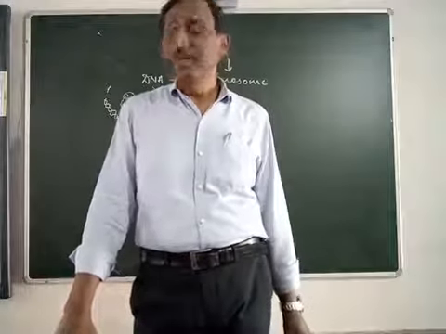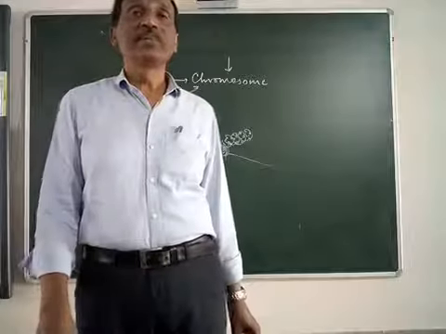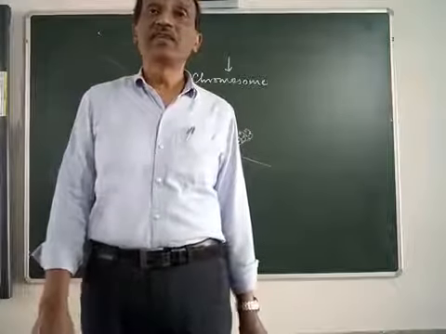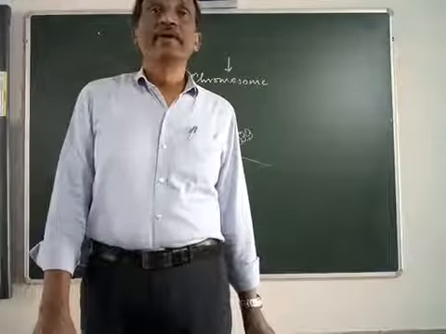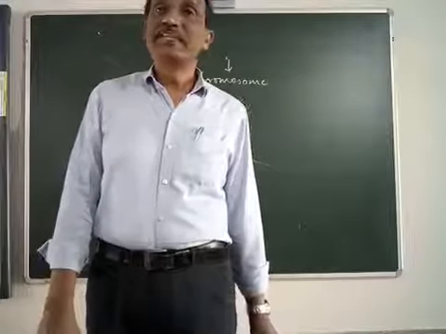Okay, so again there is a question given to you. If the length of Escherichia coli DNA is 1.6 millimeter, can you calculate the number of base pairs in it?